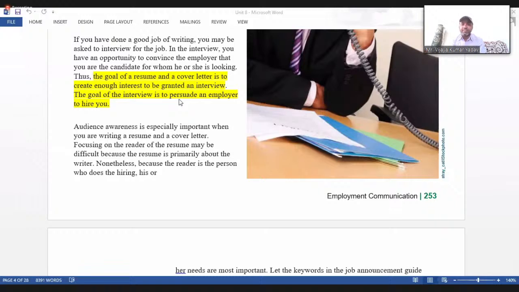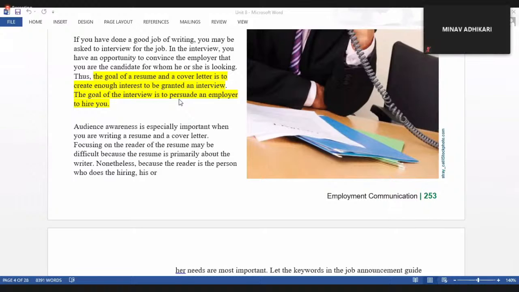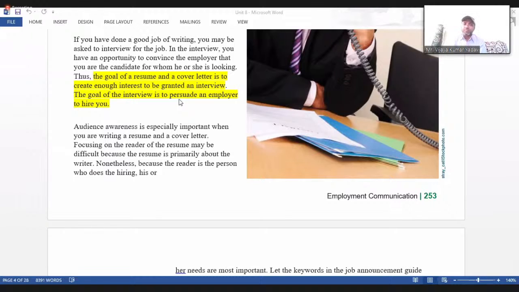If you fail to convince, if you talk about yourself a lot, if you don't pay attention to the questions the employer asks, and if your answers can't satisfy the employer, then you will not be selected. So the main purpose of the interview is to convince the employer. If you are able to convince, then you will be selected.